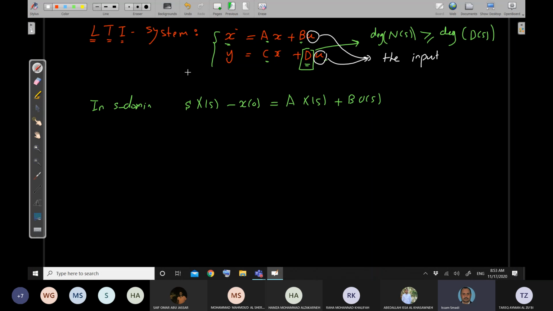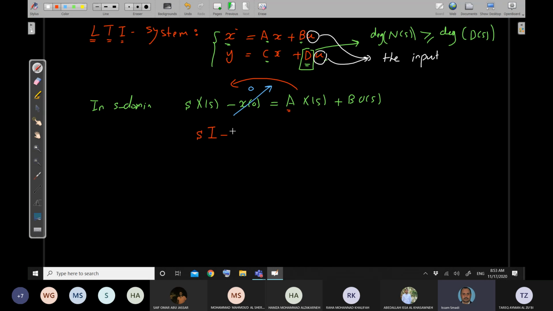Now, if I need to find the transfer function, and remember, we are defining the transfer function as the Laplace of the output over Laplace of the input at 0 initial condition, so this will go to 0. Then, if I need to find a solution for x, I need to collect the terms, because here I'm having matrices. I should respect that I cannot add a scalar to a matrix unless I multiply by the identity.